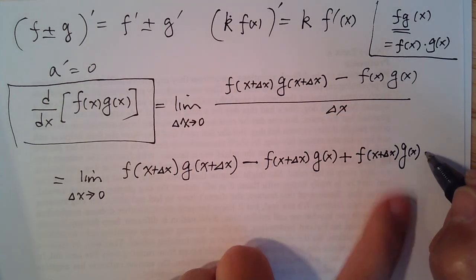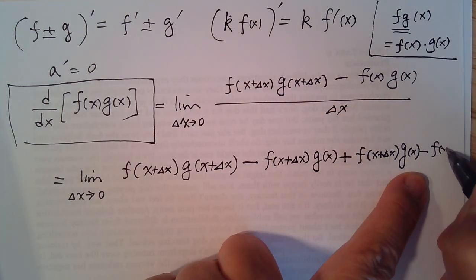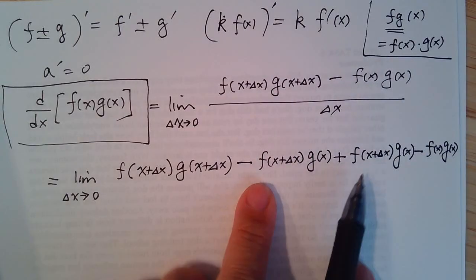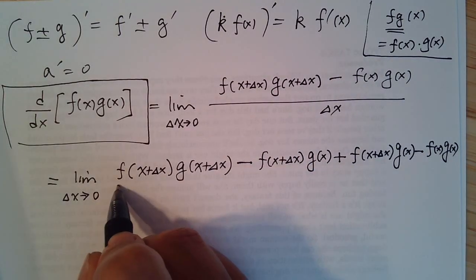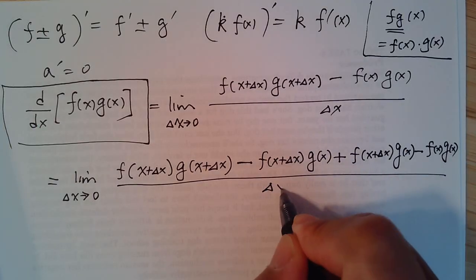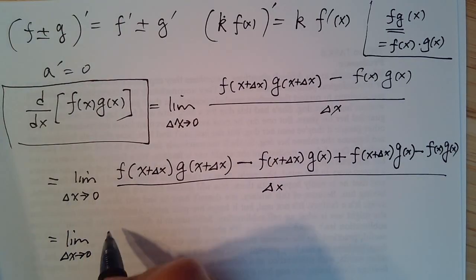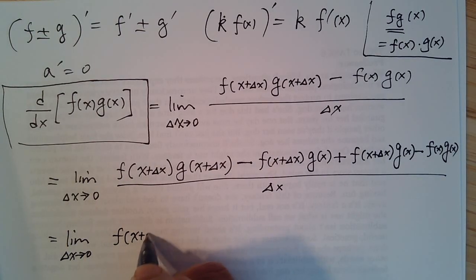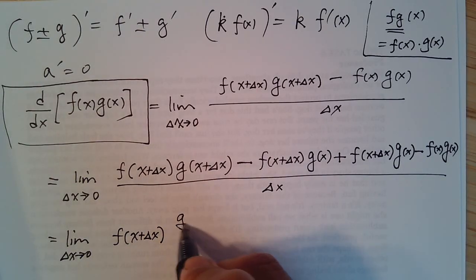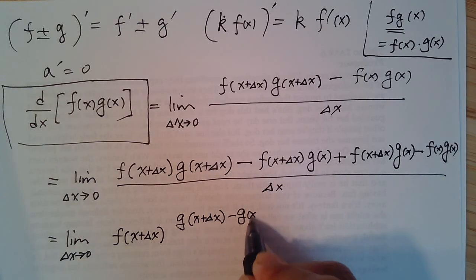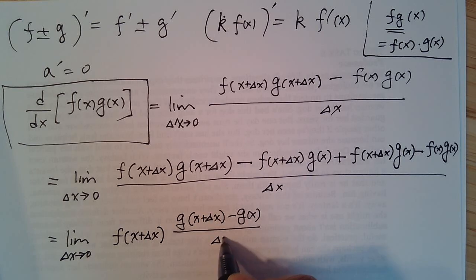All right, now I'm going to go ahead and minus f of x, g of x. So this is the tricky part here, okay? And then divided by delta x. Now that is going to be the limit as delta x approaches 0. So for this one, I'm going to have f of x plus delta x, and then g of x plus delta x minus g of x over delta x.